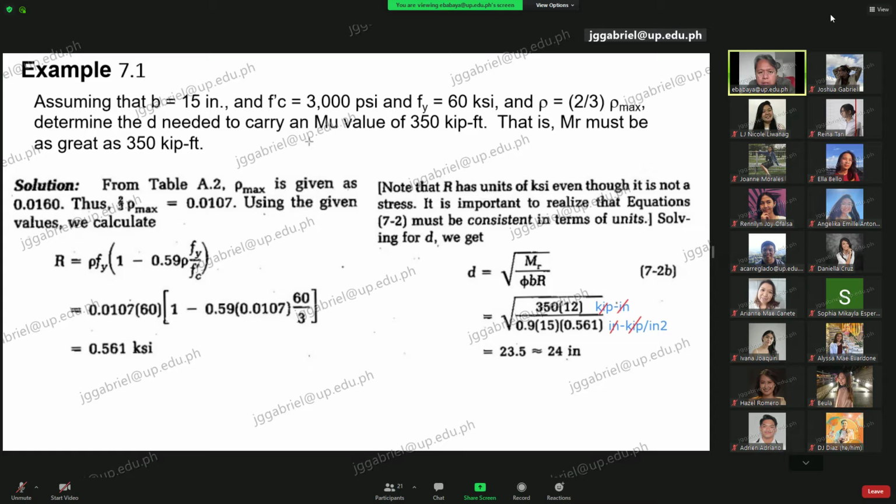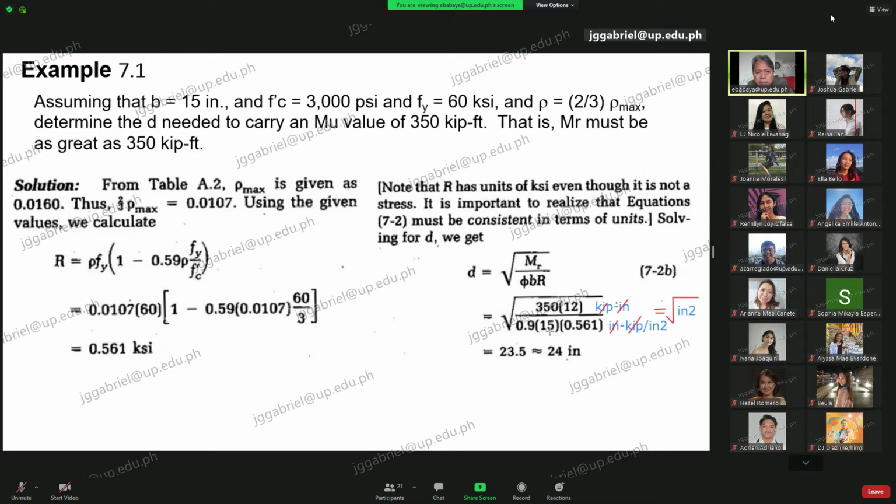And then this effectively becomes, equals inches squared. Okay, yung 2 doon, that's squared. Okay, so if we get the square root of that, ganyan, di ba?